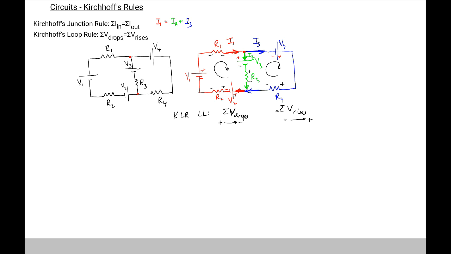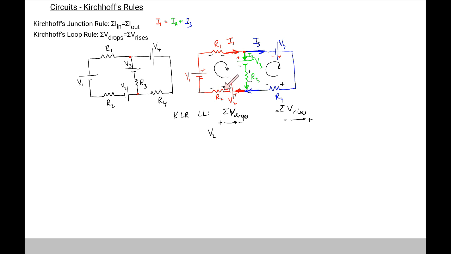So starting at this point, I'm going to cross V2, and it is from plus to minus, which means that V2 is a drop. So I'll write it on the drop side. Then I keep going in this direction, passing through R2 from plus to minus, so that is another drop.